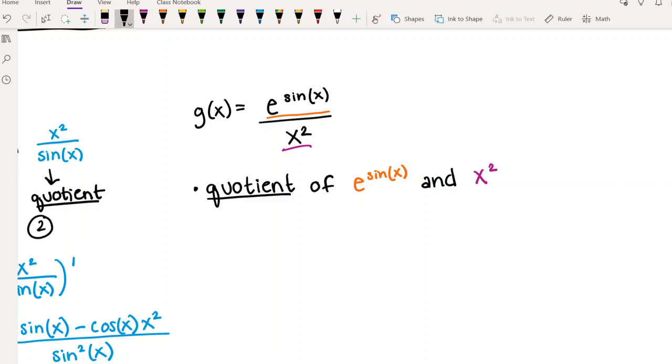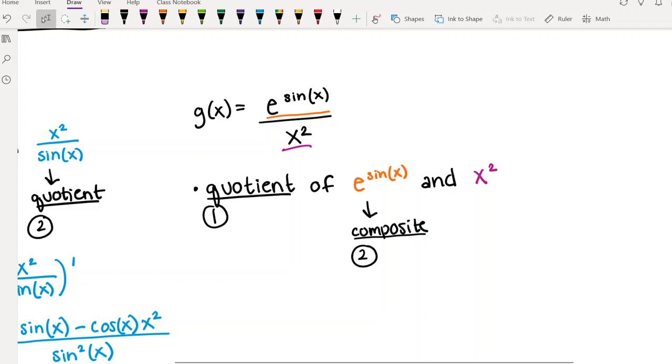And e to the sine of x just happens to be a composite function. And so that tells us that we're going to start off by using the quotient rule, but that along the way, we're going to have to use the chain rule.